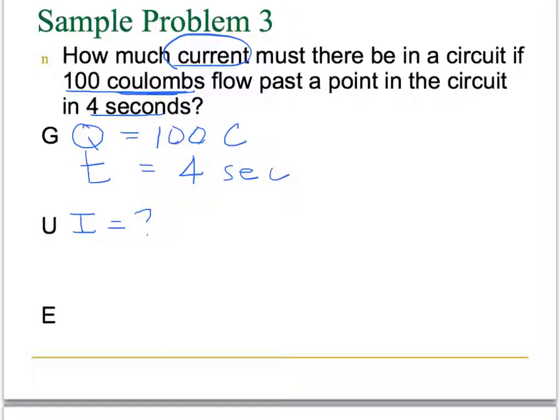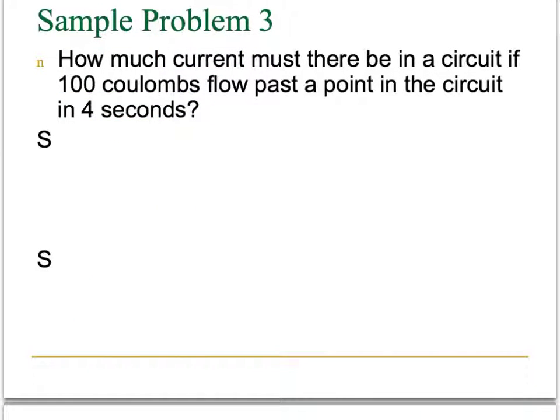So what is the equation? By definition, current is charge divided by time. Do we have to change the equation? Not anymore. So we just plug in the values. So I is equal to Q over T. Q is 100 and T is 4.